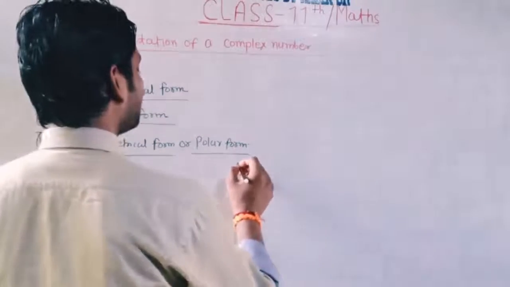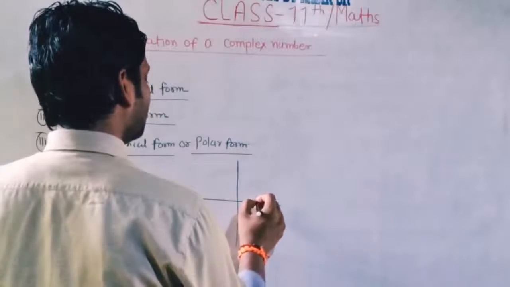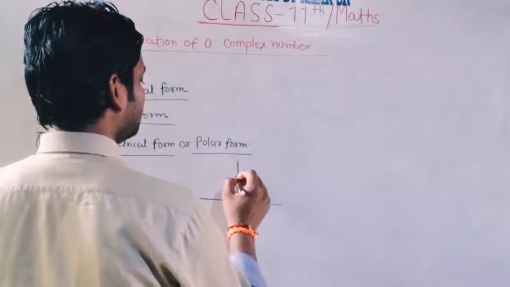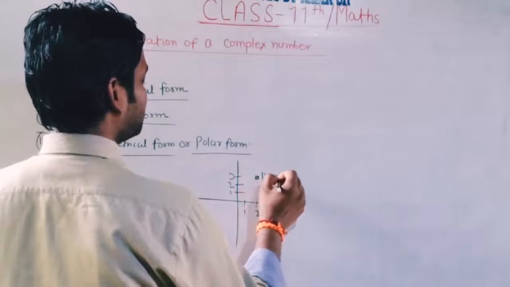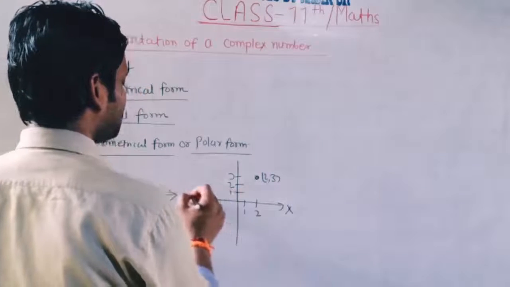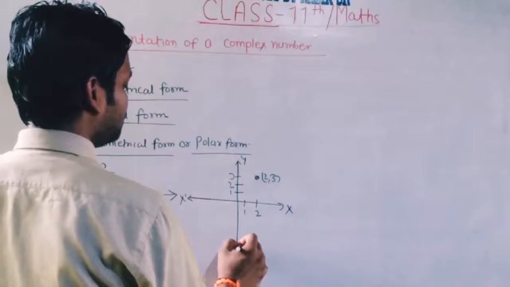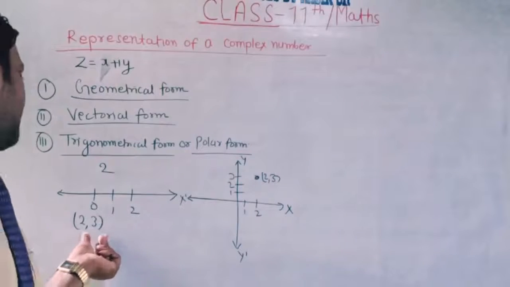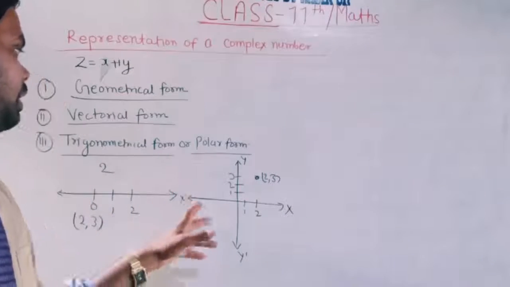This is a Cartesian plane, with 1, 2, 3 and 2, 3, and x dash, y and y dash. So an ordered pair of real numbers is represented in the Cartesian plane.